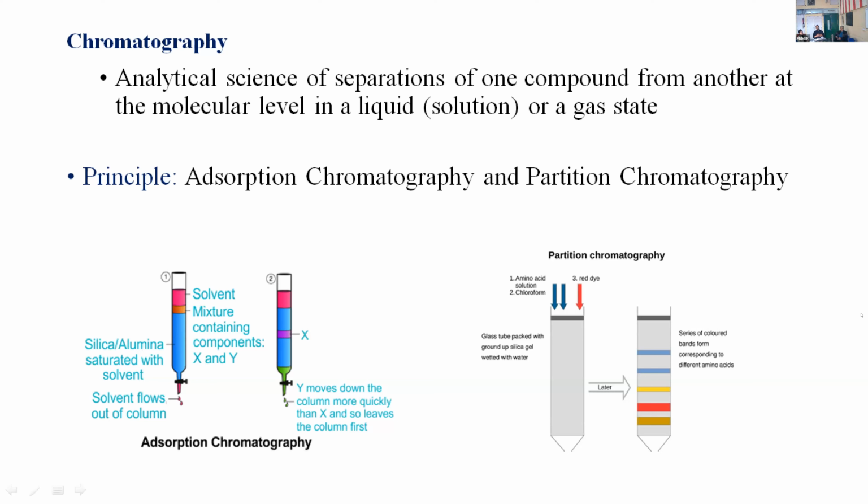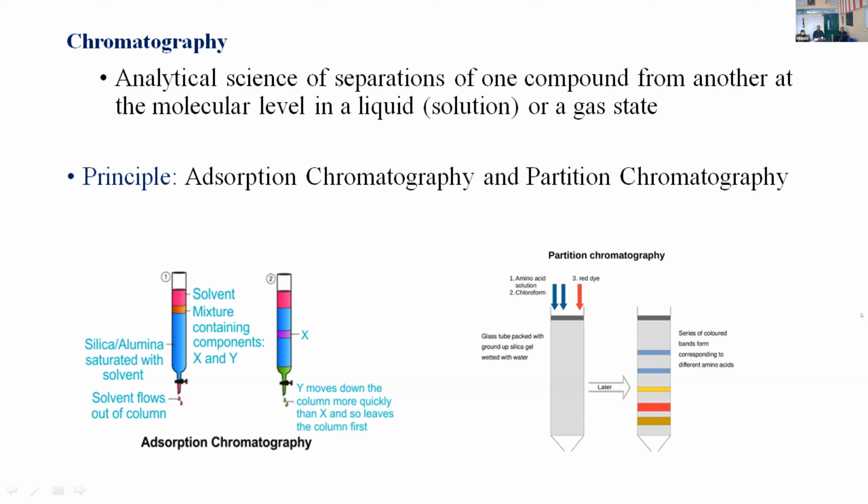So on the basis of the principle involved in the separation of molecules, it is categorized into two parts. One is adsorption chromatography and another one is partition chromatography. In adsorption chromatography, the stationary phase is always a solid phase and the mobile phase is liquid.